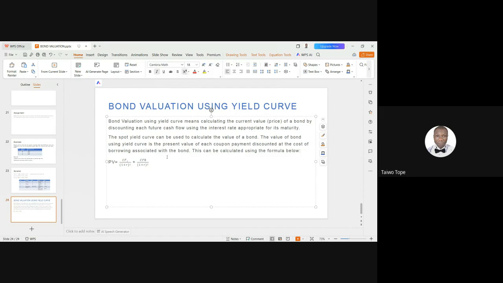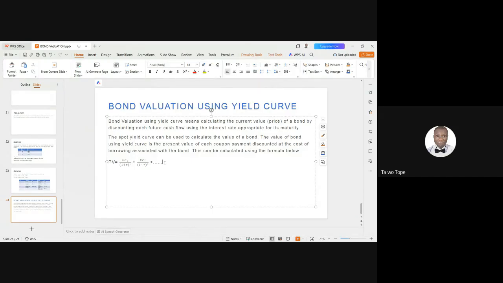Now, you can go on and on, year 3, year 4, like that. But at the terminal point, at the maturity date, what will happen? At the maturity date, you always have the redemption value and what?